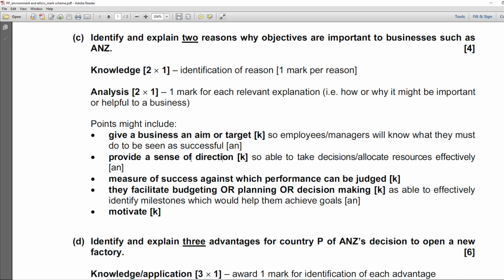But anyway, I think the rationale behind this is, I don't know if I told you before, there are too many different markers in this world, and some markers are not as flexible as the others, and they will just literally look at what's in the mark scheme, and then they will mark if you're getting this correctly or not.